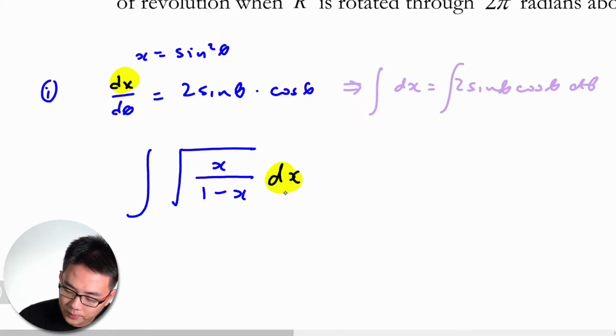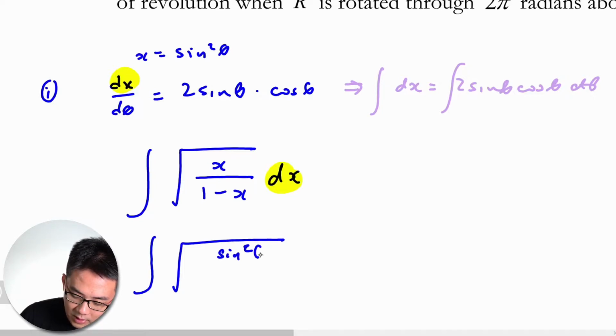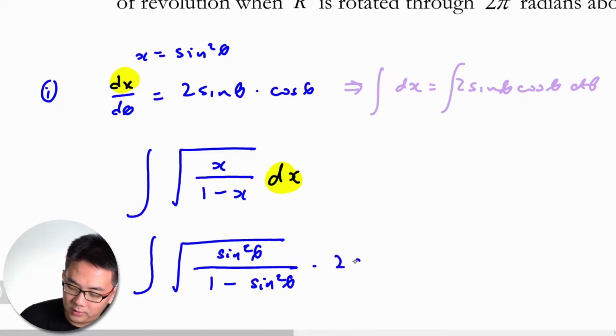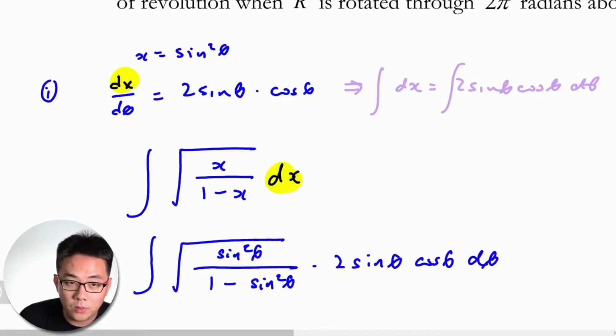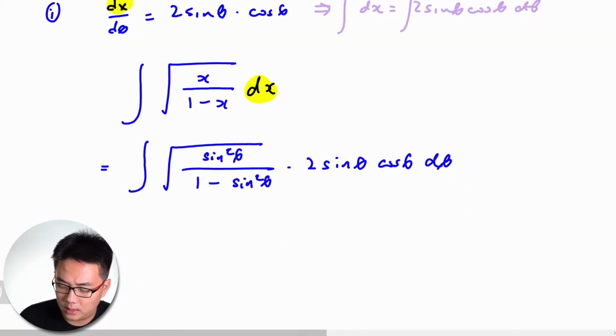Anyway, this part here, what we're going to get is square root x, and I'm just going to replace everything in. Once we get it ready, we would separate the top and the bottom. This is quite typical: 1 minus sine square theta.